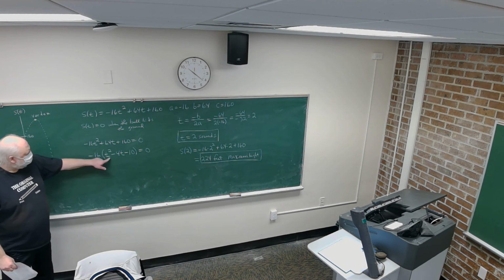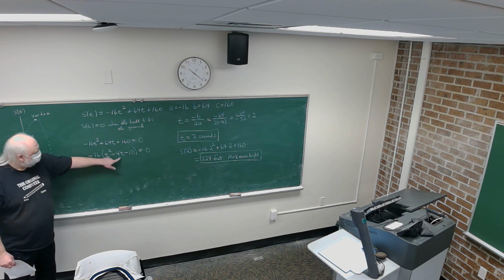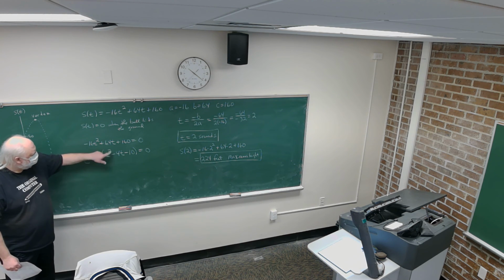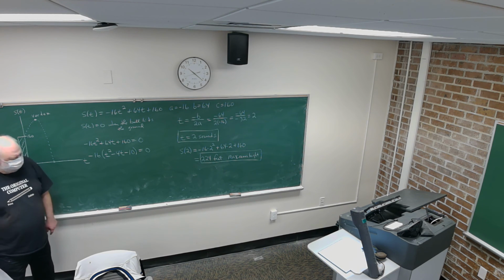Minus 16 times t squared is minus 16t squared. Minus 16 times minus 4t is 64t. Minus 16 times minus 10 is plus 160.